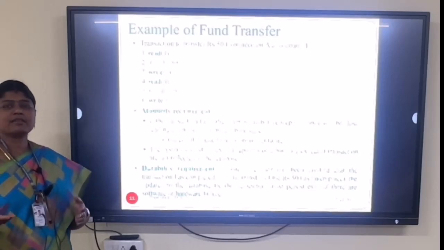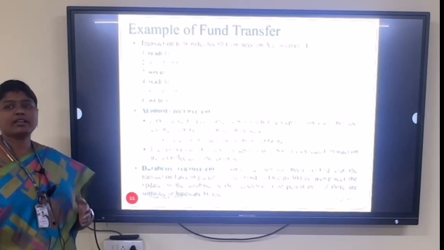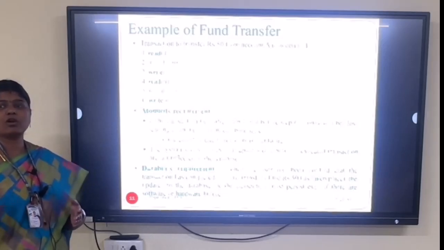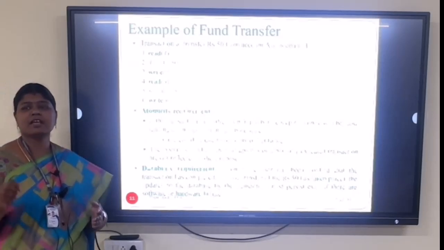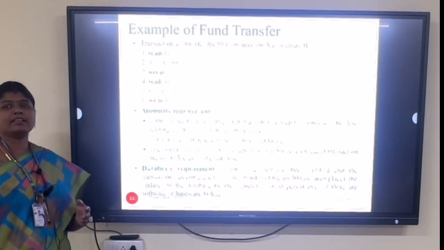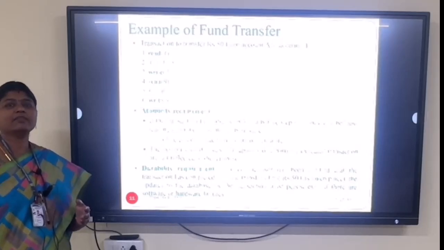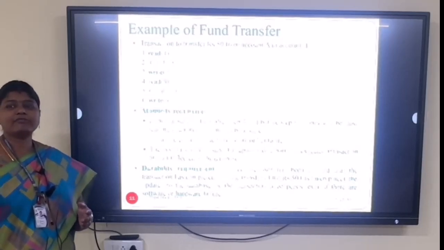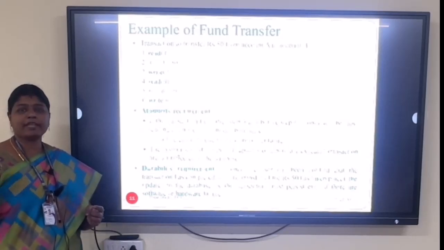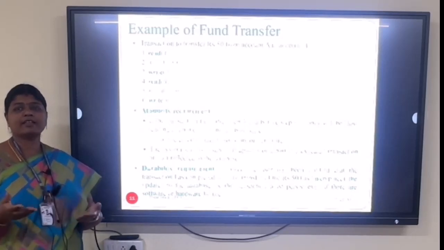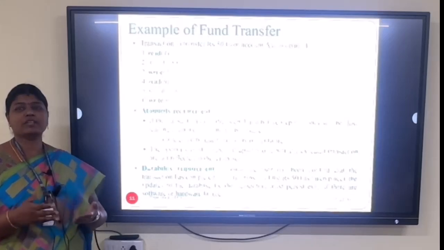We can see this in reservation, in GPay, in PhonePe, or in an ATM transaction. Once our card is inserted, the amount we entered will be taken, and if the power supply goes, the amount will be reduced in our account and the message will be shown that the amount is reduced.